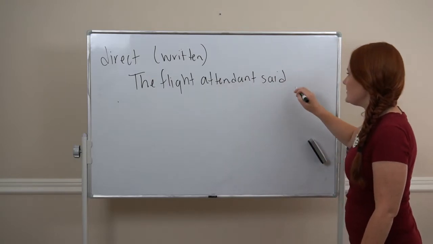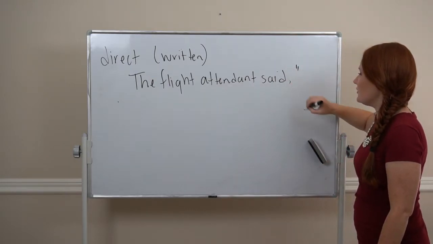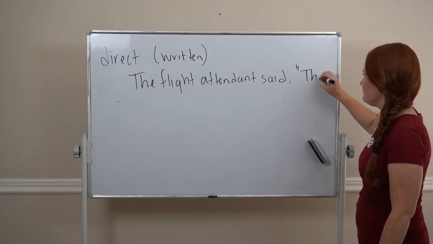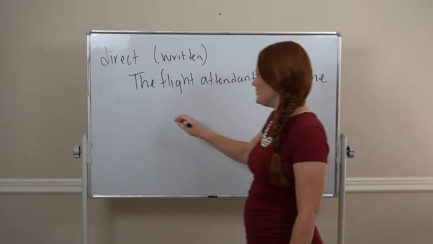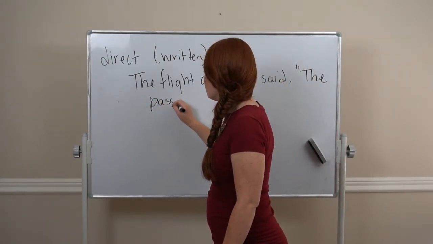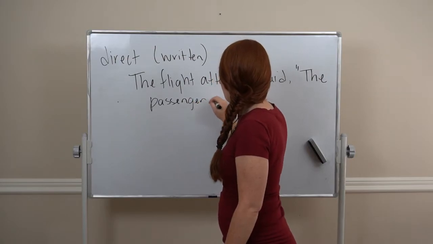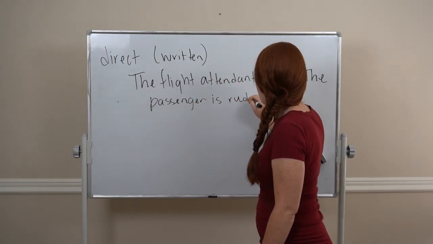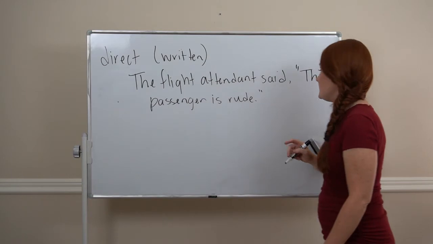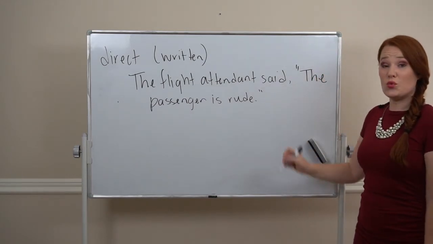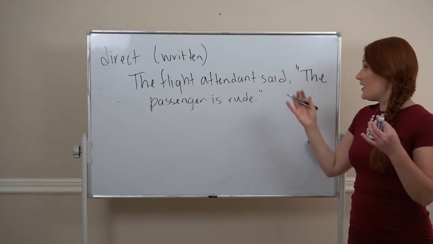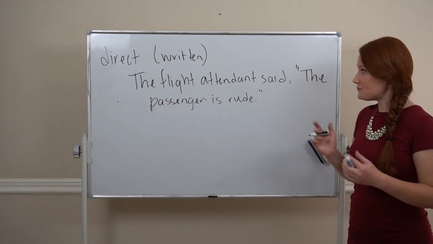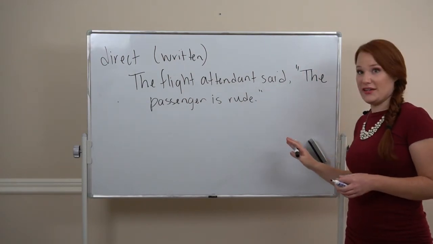The flight attendant said, comma, quotation marks, "The passenger is rude." These are the exact words the flight attendant said. So this is what you would see in written English.